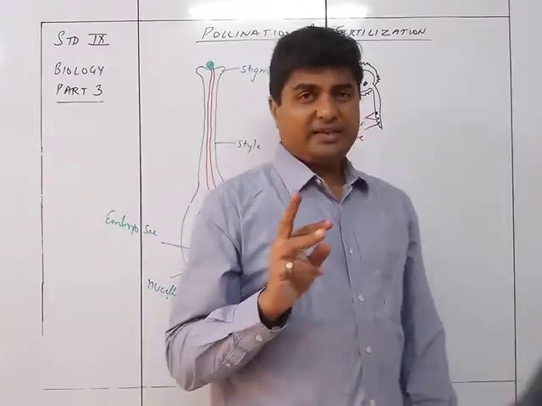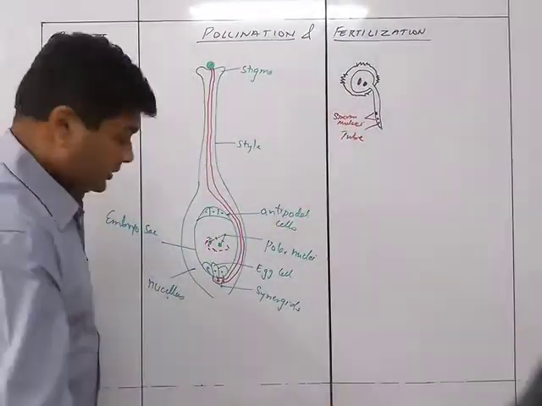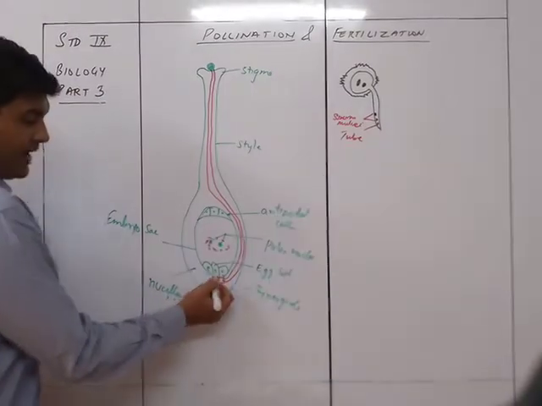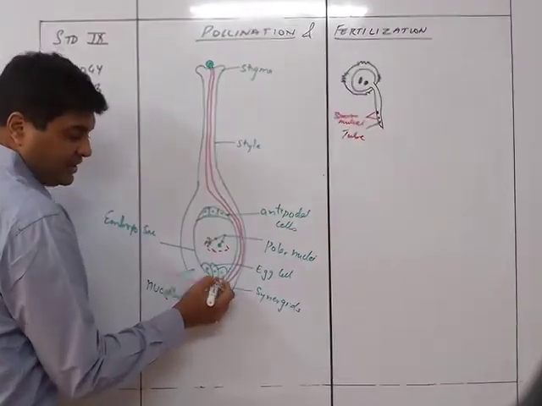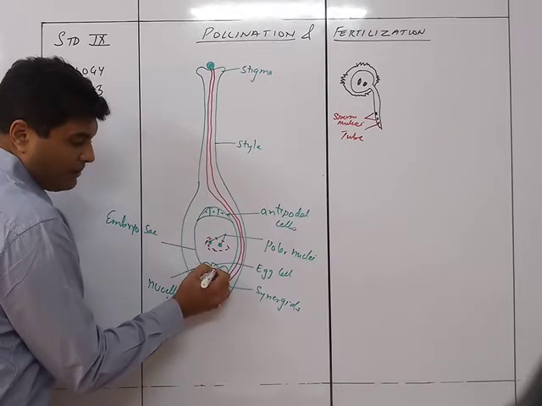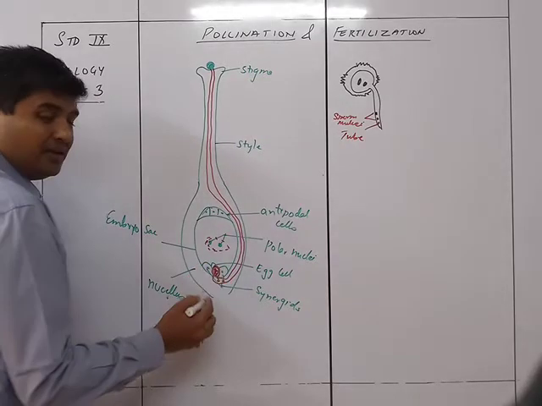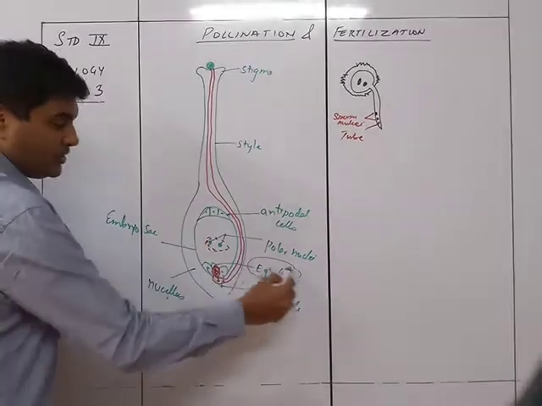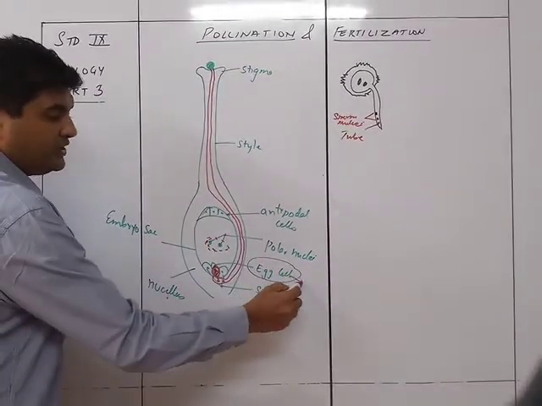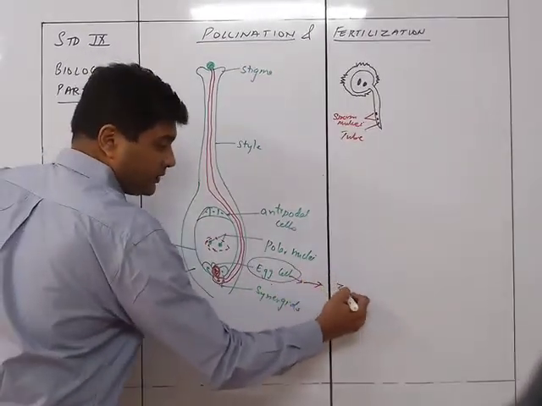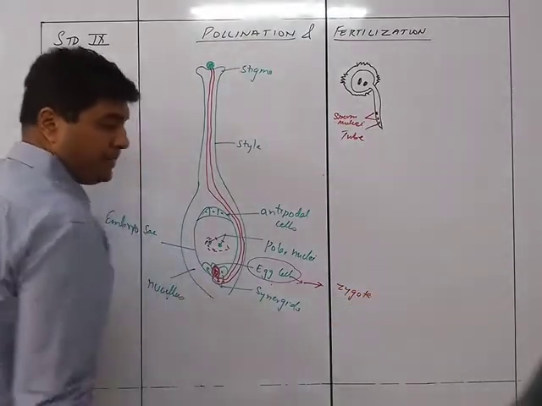So you can see what happens is, the 2 nuclei come over here and enter through the synergids. One of the nuclei is going to combine with the egg cell, with 1 sperm nucleus giving you the zygote. So this forms the zygote, the main baby.